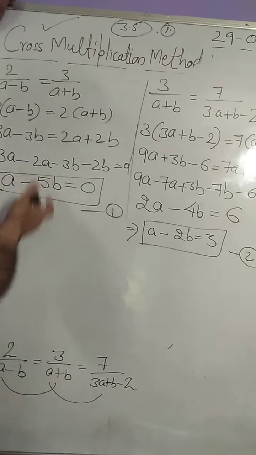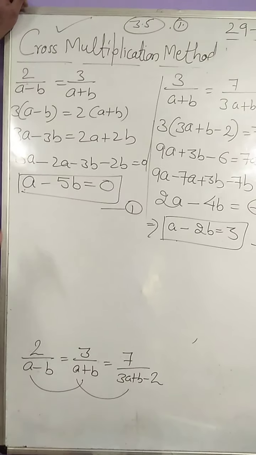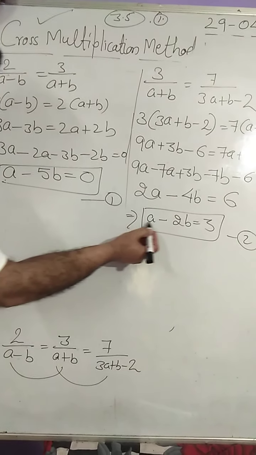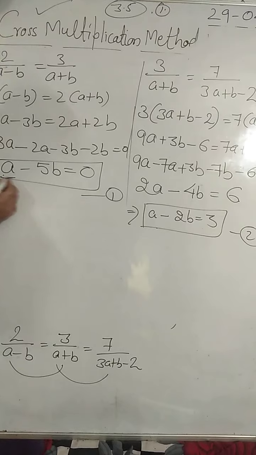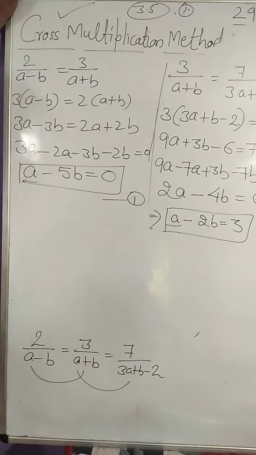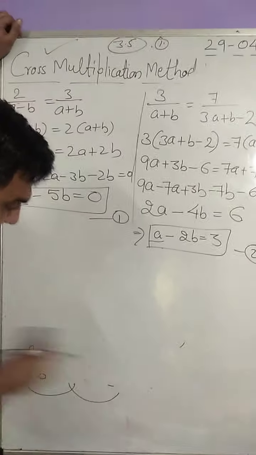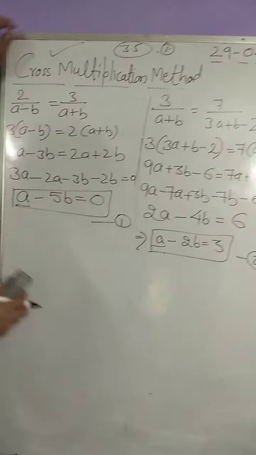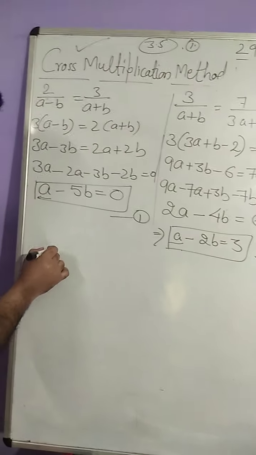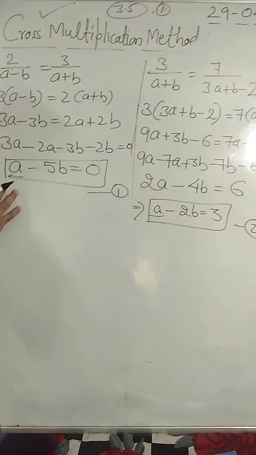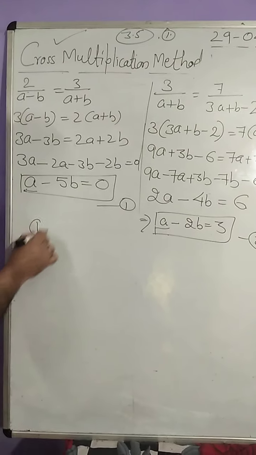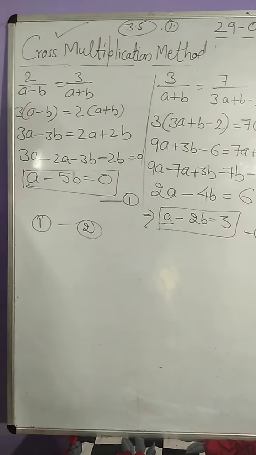Now let us see which method is easy in this case. a minus 5b equals 0, and a minus 2b equals 3. See, the a terms are both the same. The elimination method is easy in this case. As the a terms are the same and the signs are also the same, we'll simply subtract the equations.